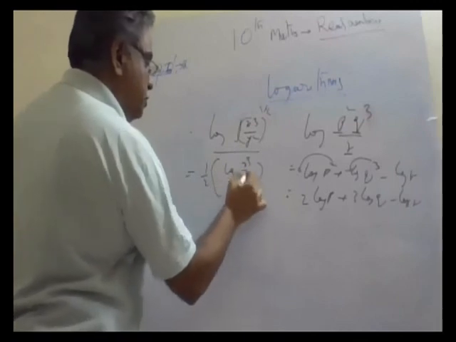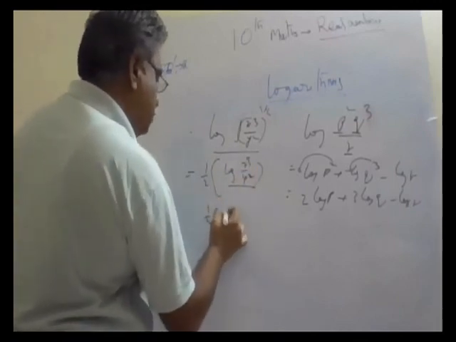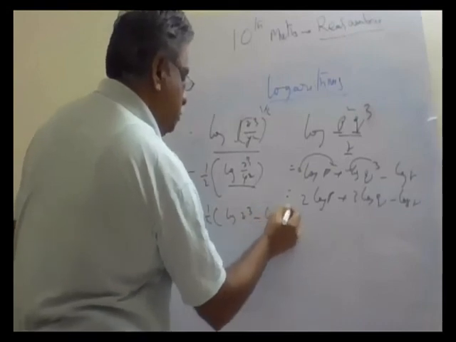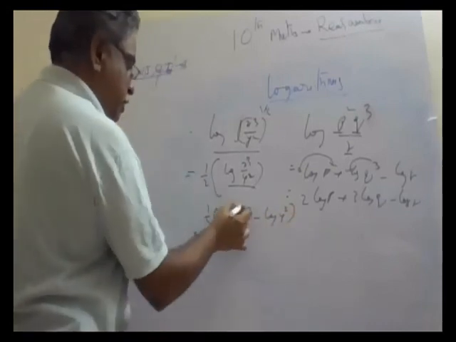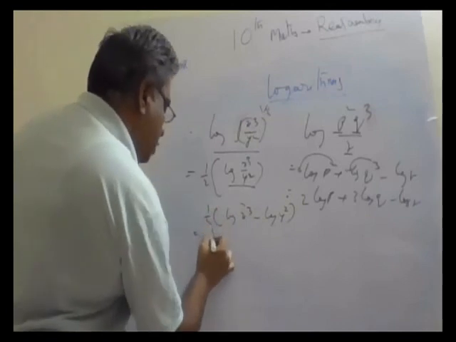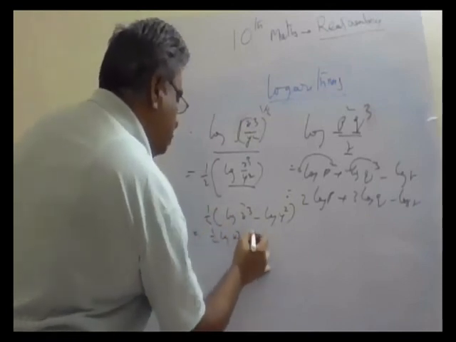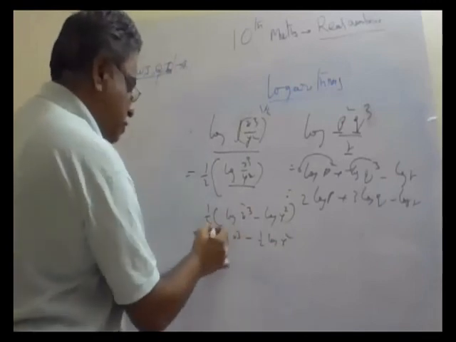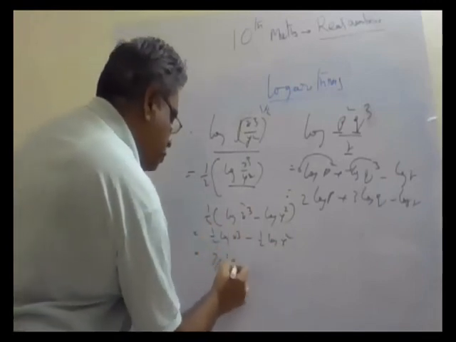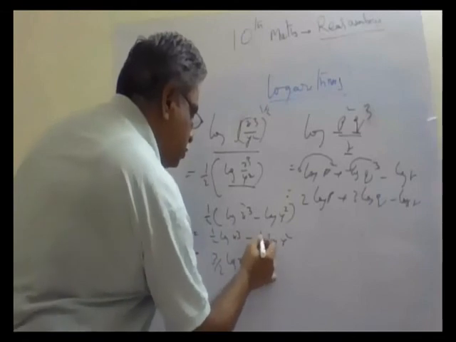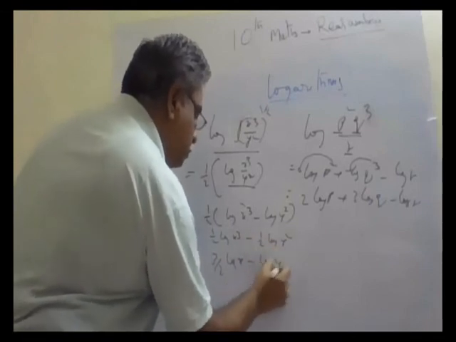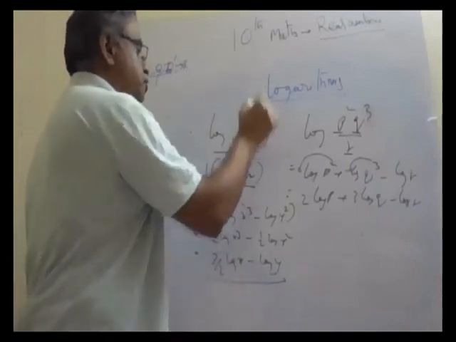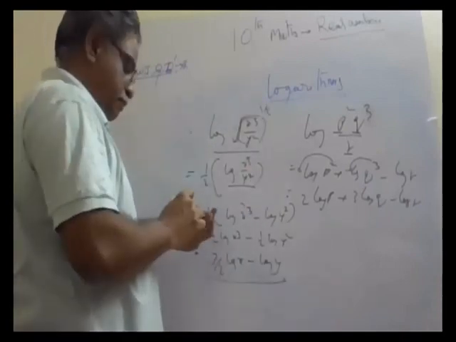So now this is a by b: half into log of x cubed minus log of y square. Again this 3 becomes half log x cubed minus half log y square. That means when 3 comes here, 3 by 2 log x minus, 2 into 2 get cancelled, log y. This is the expansion form of log root of x cubed by y square. Okay.